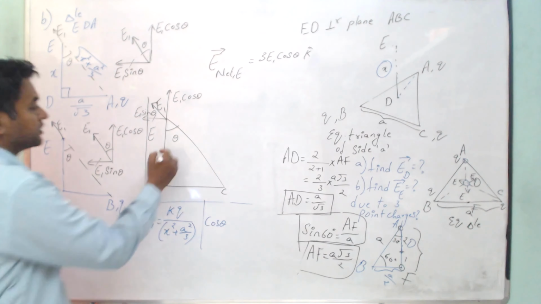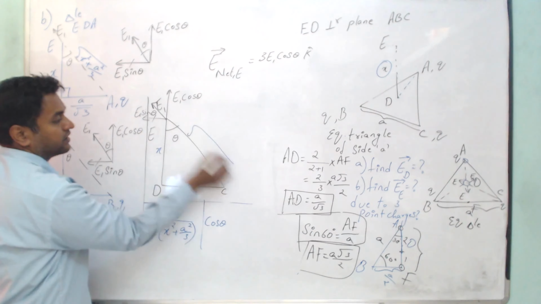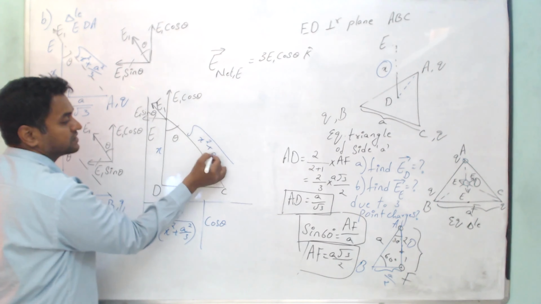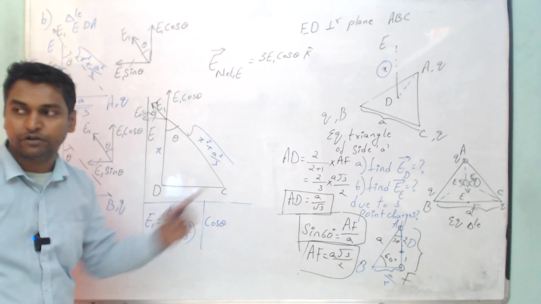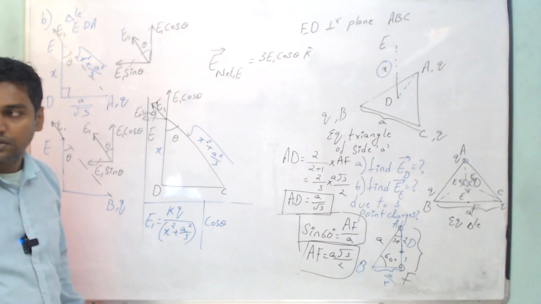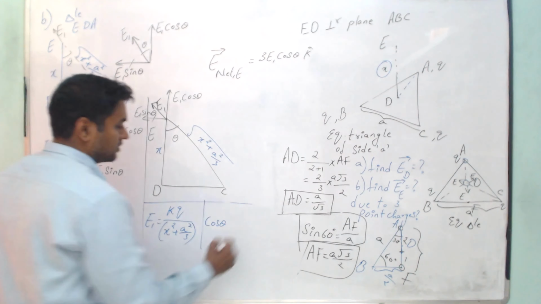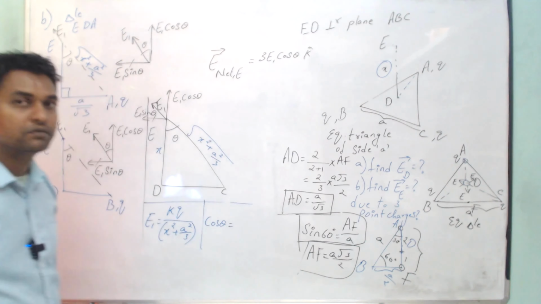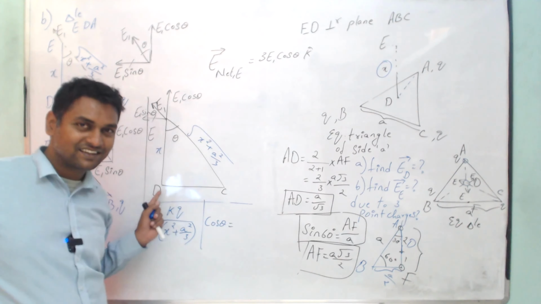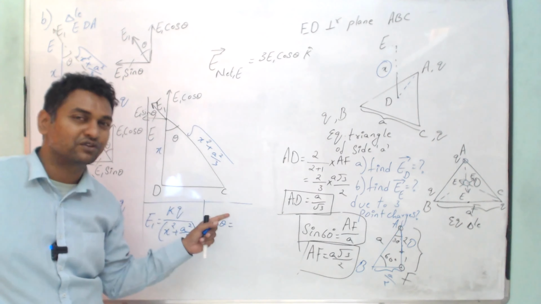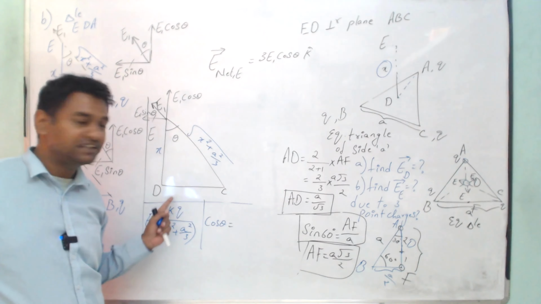इसी ट्रायंगल में ले लो, ये x है, ये under root of x square plus a square by 3 है, तो cos theta will be adjacent divided by hypotenuse. कहाँ से निकल गया? Cos theta is adjacent divided by hypotenuse. What is adjacent?